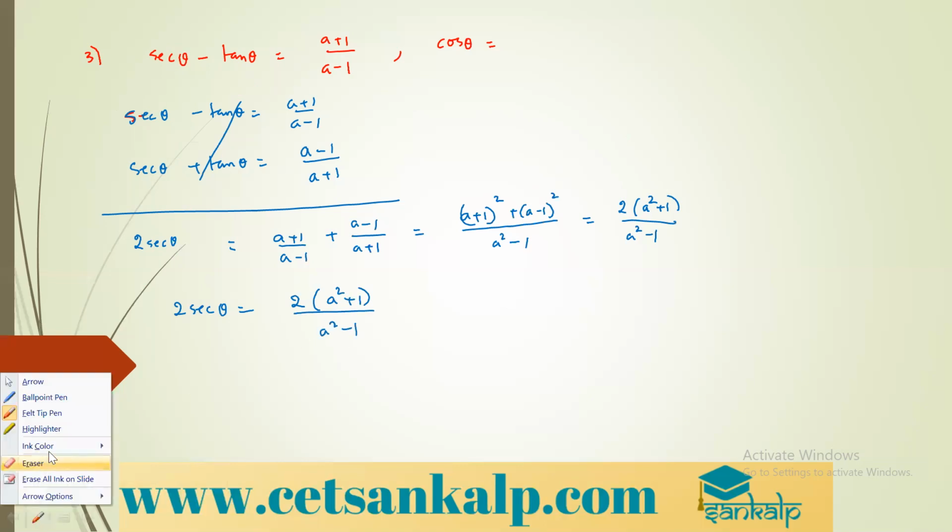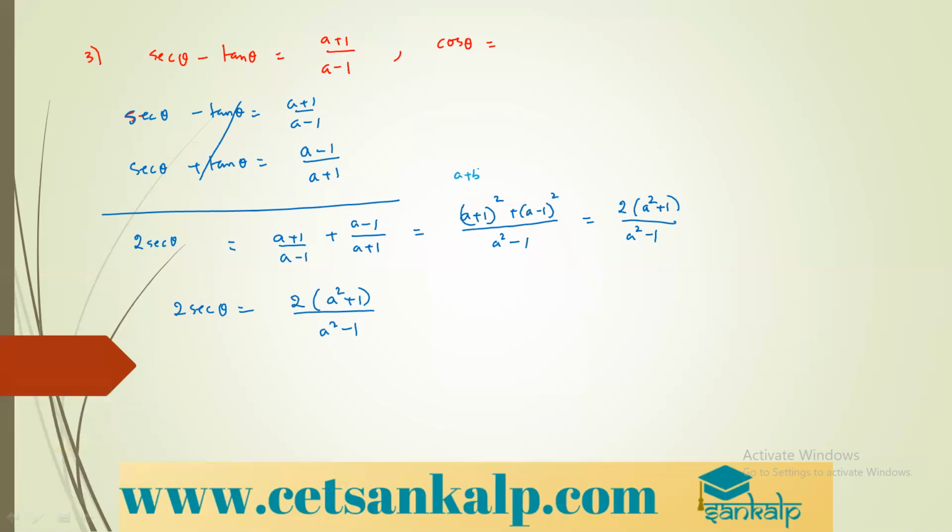How did I get this? I have used a formula. What is that formula? A plus b whole square plus a minus b whole square is 2 into a square plus b square. This formula.